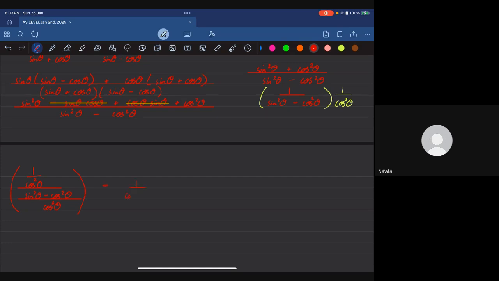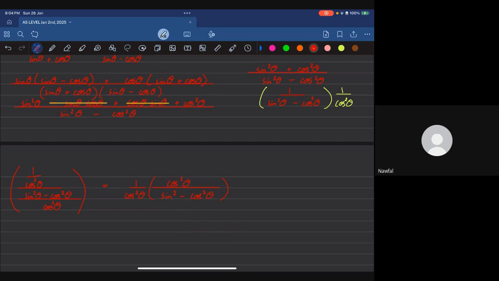Okay, 1 over cos square theta, but let me write it down, times sine square theta minus cos square theta over cos square theta. Oh, sorry, I've written it opposite. Now, what if we write it step by step? Wait, let me. Cos square theta, like this.